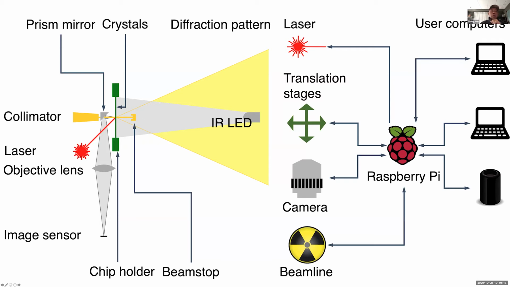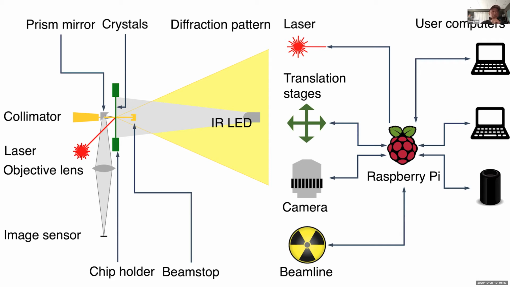And then if you remove the beam stop, we can put in an infrared LED behind it. And there is a digital camera looking upwards, and then through a 45-degree prism mirror, and therefore we can look at the crystal and image the crystal along the X-ray beam.